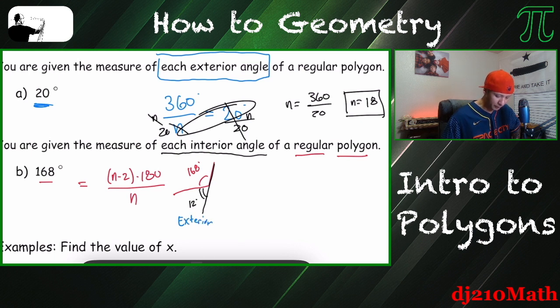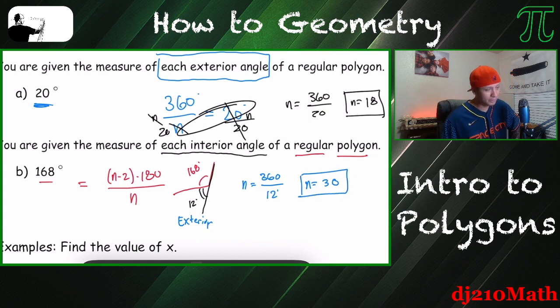The number of sides is equal to 360 divided by the exterior angle, which is 12. So 360 divided by 12 will give us 30. So this is a 30-sided polygon, and each angle will measure 168 degrees.